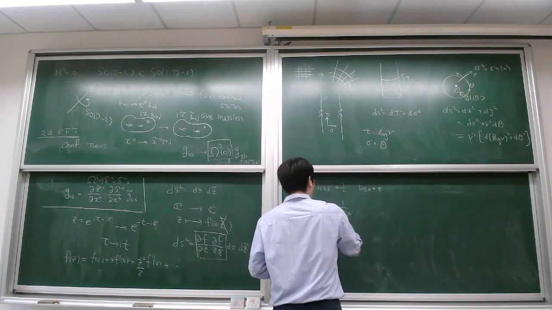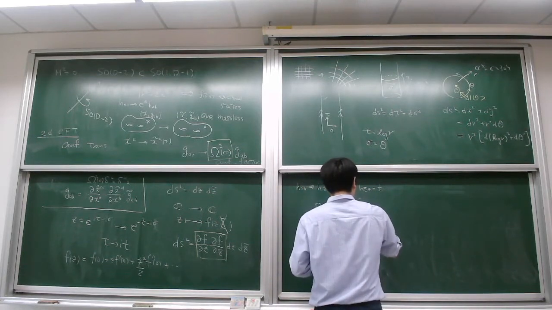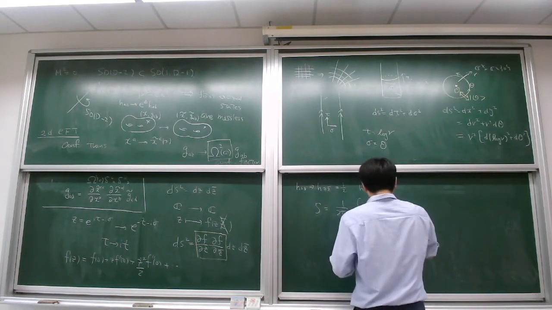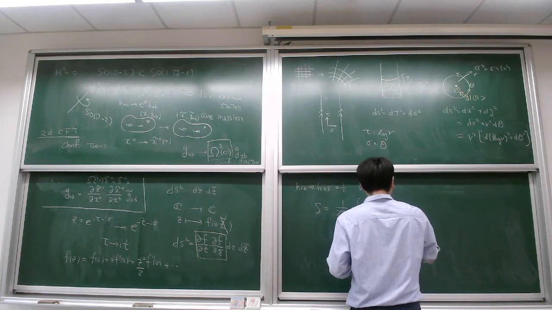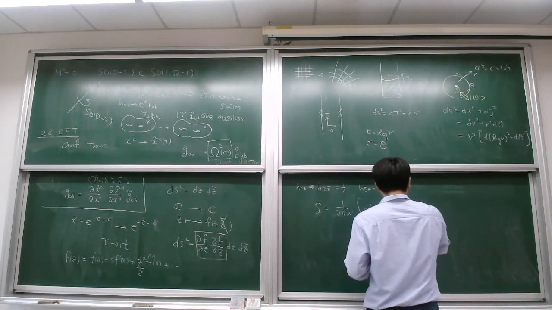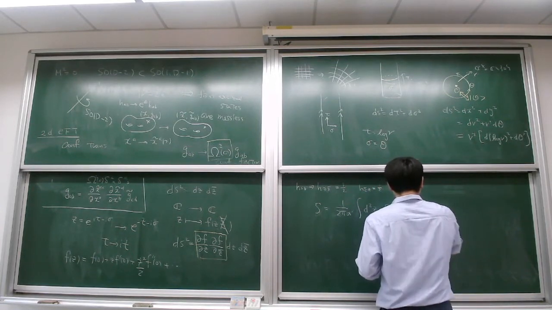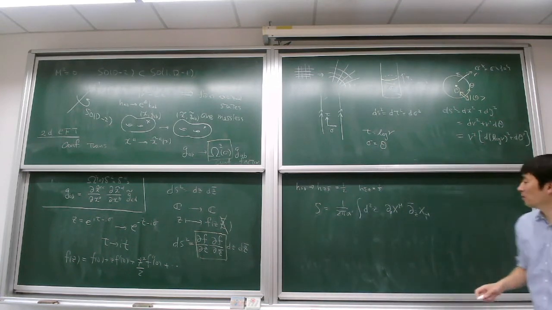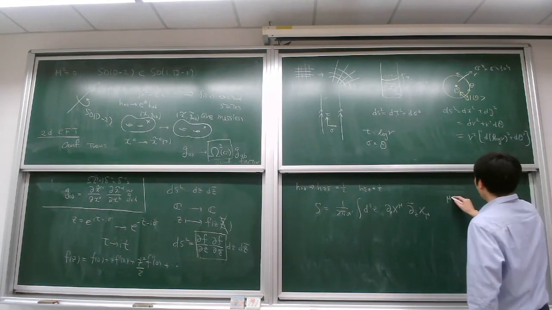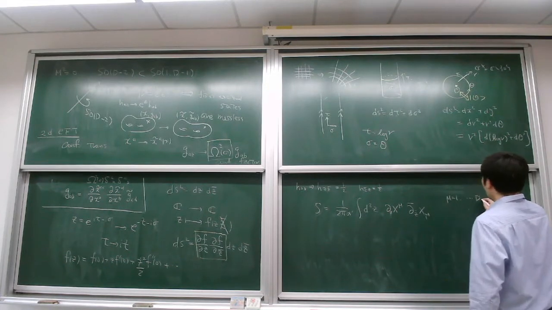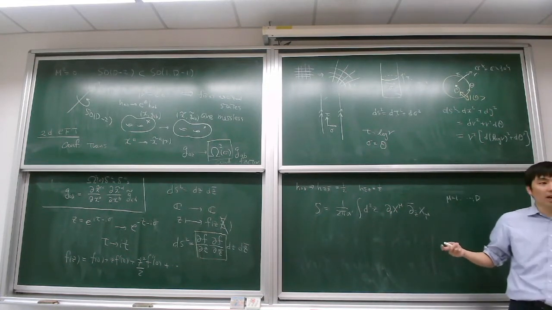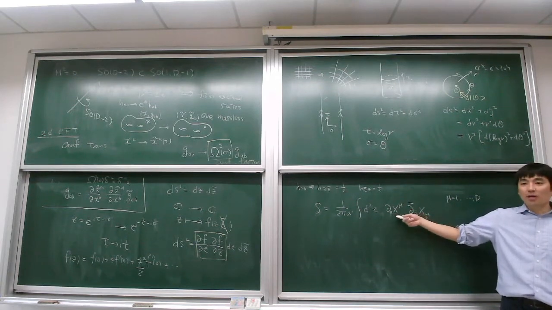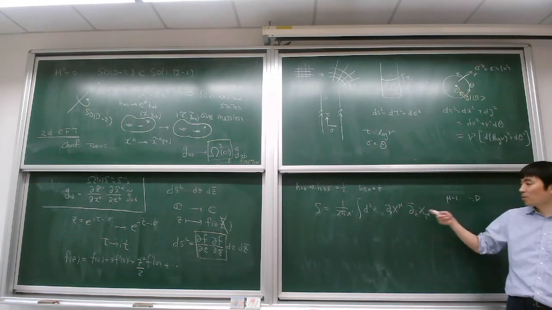The string sigma model action is just a free scalar field, with mu running from 1 to d. So this can be understood as just d copies of free scalar.